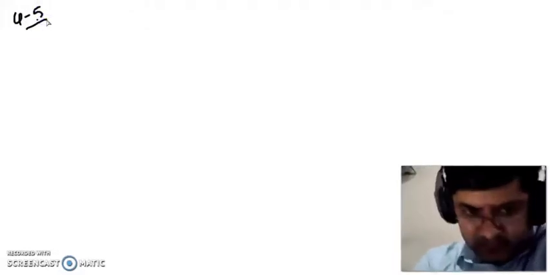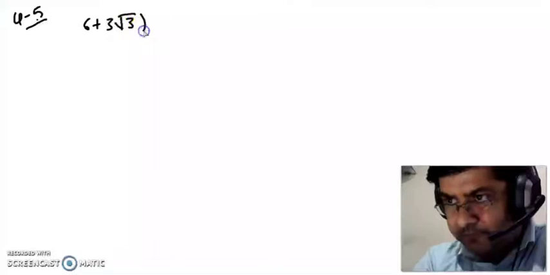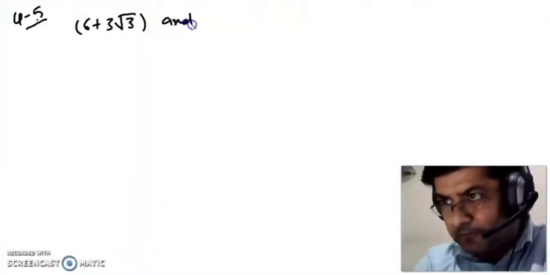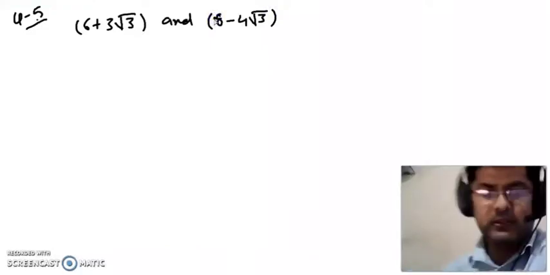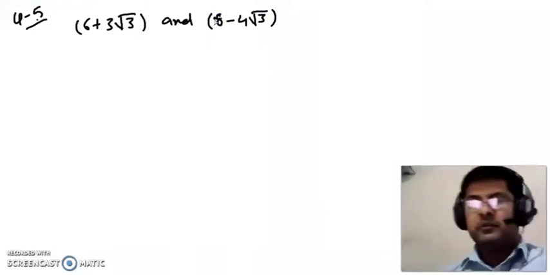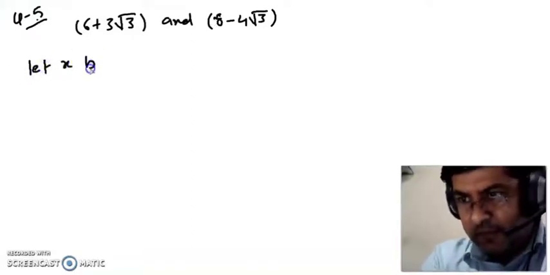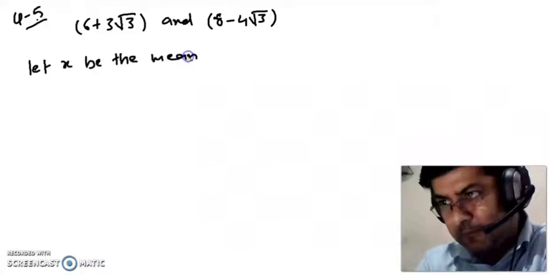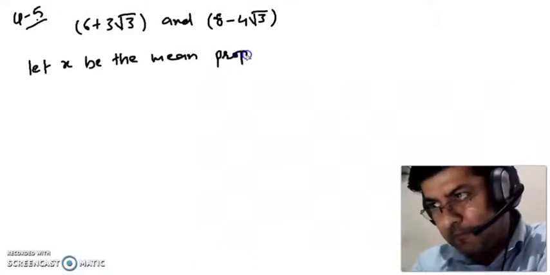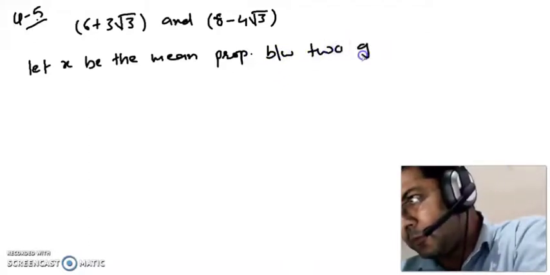Two numbers are 6 plus 3 root 3 and 8 minus 4 root 3. Again, let x be the mean proportional between the two given numbers.